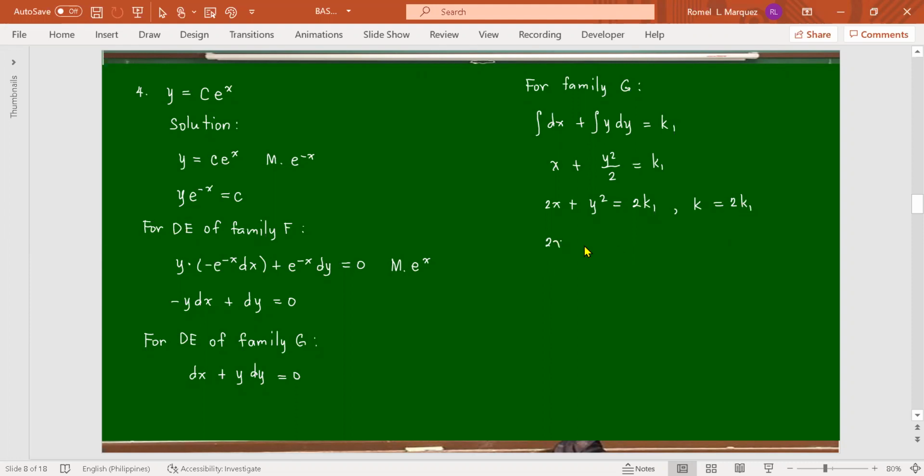Hence, we have 2x plus y squared is equal to k. Okay? So this is the equation of the unknown family we are looking for. Okay, so that's it.